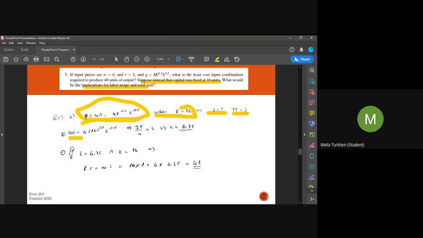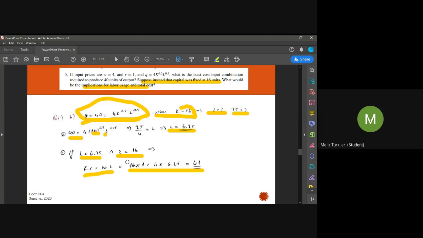When this amount is equal to 40 and capital equals 16, if I plug this information into the production function and leave L alone, I find that L should be equal to 6.25. And if L is 6.25 and K equals 16, I can plug this information into the total cost function, and I find that total cost should be equal to 41.